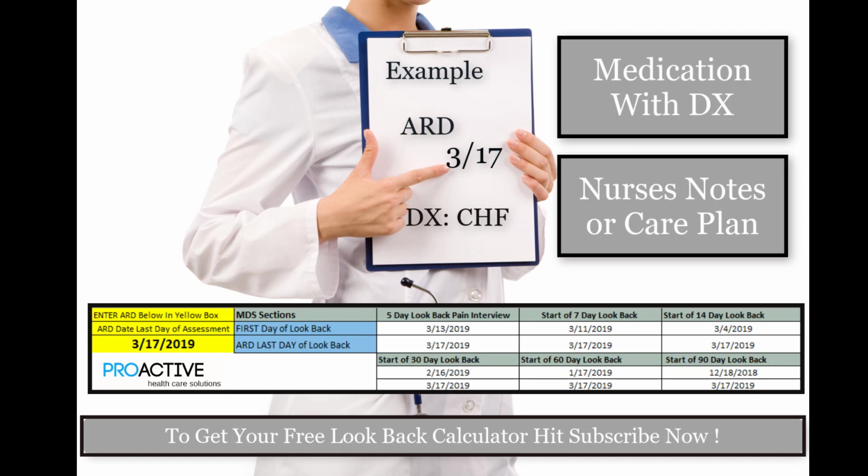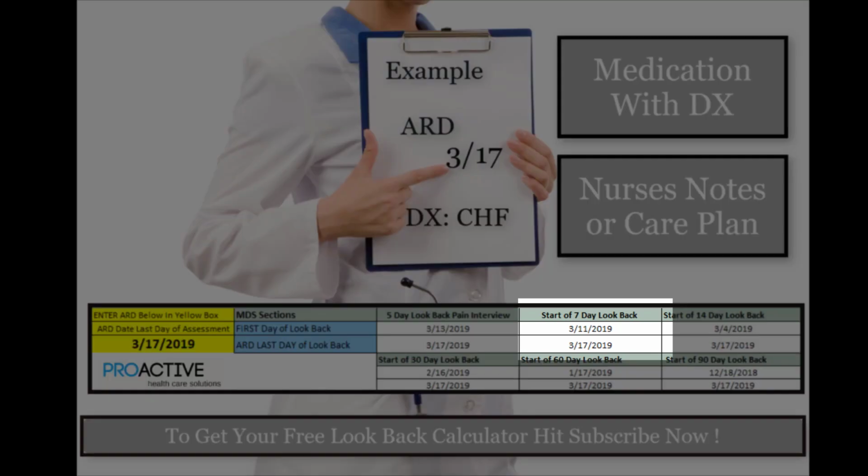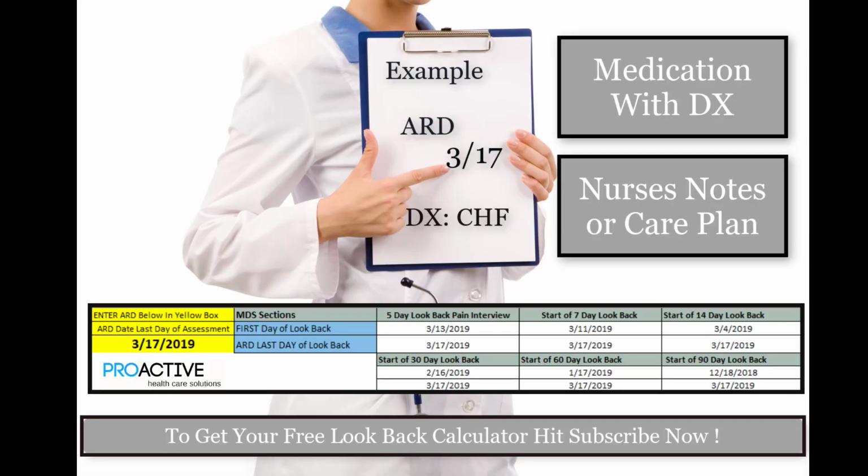Now that we have the physician's signature within the 60-day time frame showing that CHF is active, we'll begin to search for the medication, nurse's note, or care plan that might be in place to show that CHF was active during our time frame. The look-back period for this is 7 days, so we'll be looking from 3/11 to 3/17 to see if we can find a medication or a nurse's note or a plan of care that indicates we were actively treating this diagnosis during that 7-day time frame.